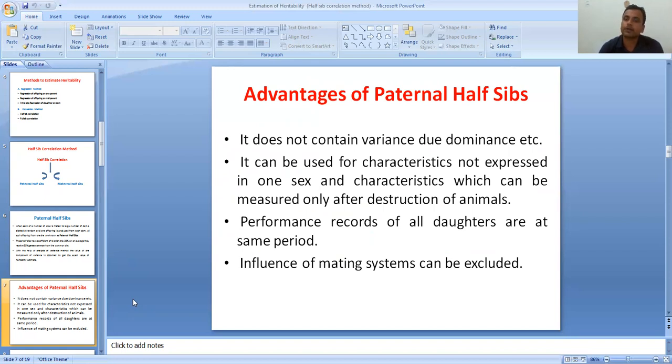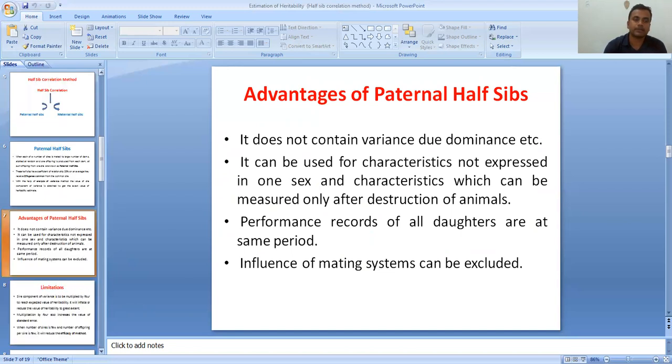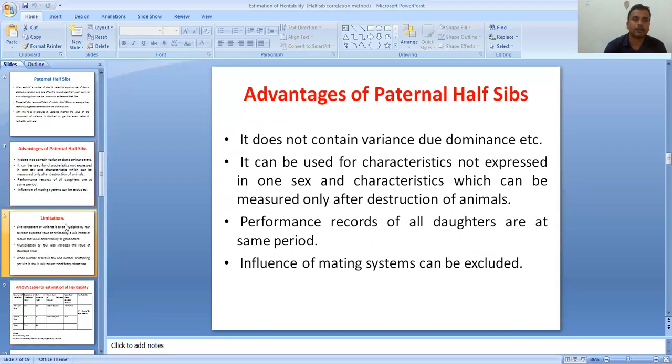It can be used for characteristics that are sex limited or carcass traits, which are obtained after the slaughter of animals. Then performance records of all daughters are from the same period, so automatically we get uniformity in environment related to time and management, and the influence of mating systems can be excluded by this method.